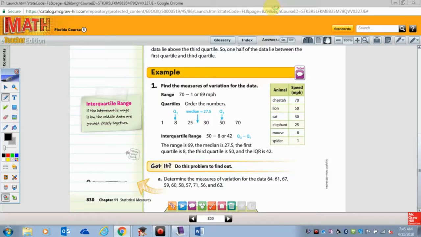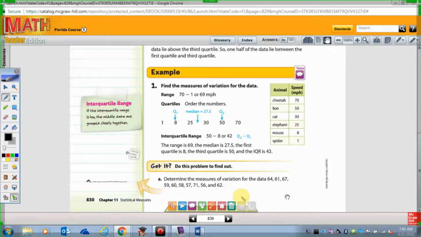Alright, and we have 64, 61, 67, 59, 60, 58, 57, 71, 56, and 62. So we look at the set, figure out what the lowest number is. Looking at it, it's 56, so we rewrite the set from least to greatest.